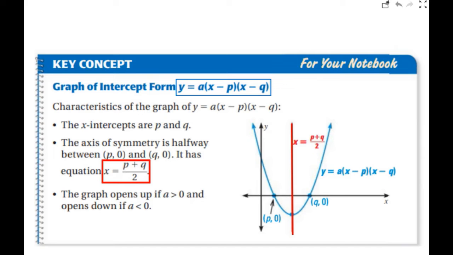Using this formula, we can figure out the axis of symmetry of the quadratic function in the intercept form. The leading coefficient concept is similar to vertex and standard form. If it's positive, the graph opens upwards, and if it's negative, the graph opens in the downward direction.